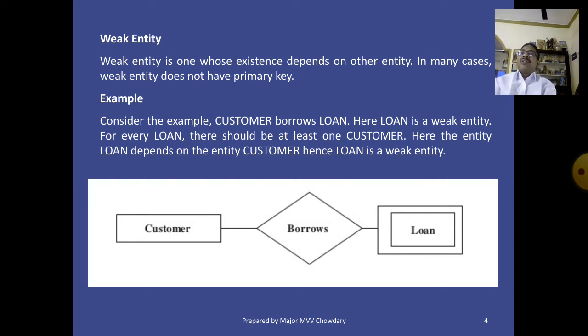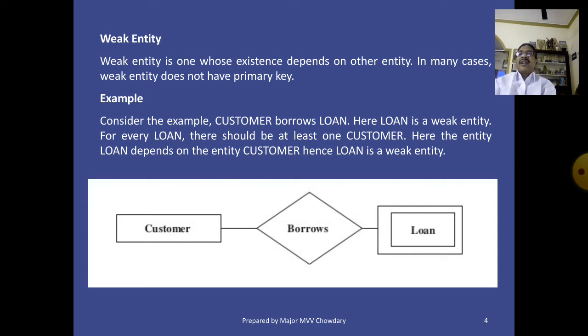The tuples of a weak entity type may not be possible to differentiate using one attribute of the weak entity. For every weak entity, there should be a unique owner entity type.